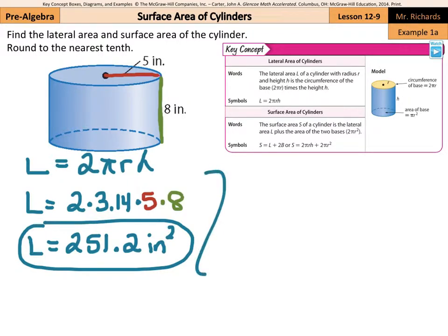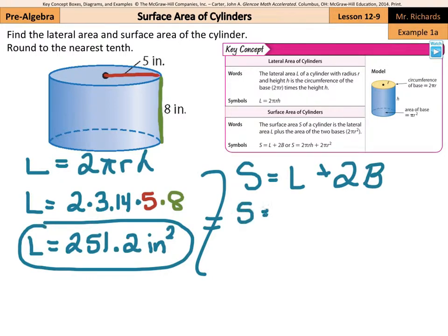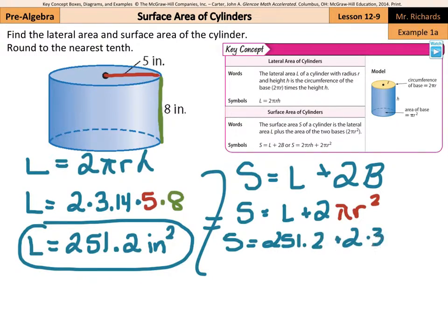Now what about the surface area? Well, surface area is equal to the lateral area plus 2 times the area of the base. And of course the area of the base can be written as pi radius squared because the base is a circle. So as we make our substitutions, the surface area is the lateral area, which was 251 and 2/10, plus 2 times 3.14 for pi, times my radius, which was 5 squared.